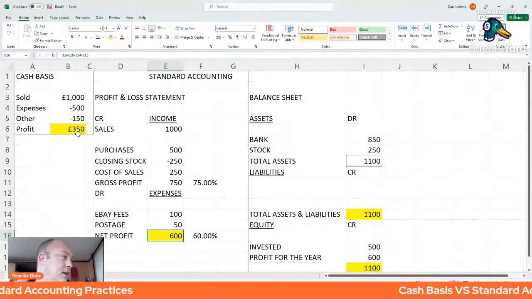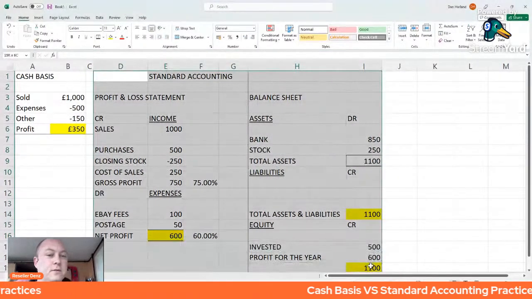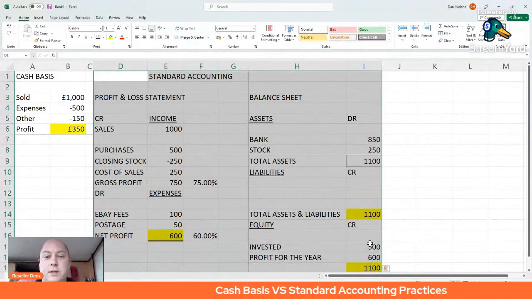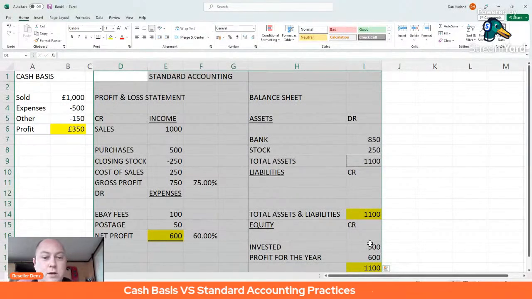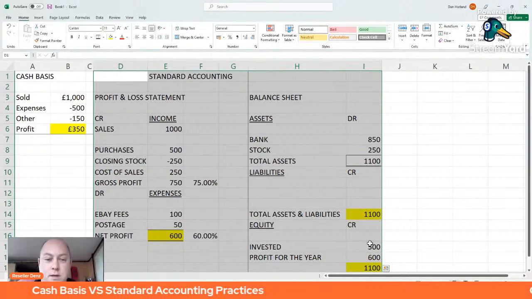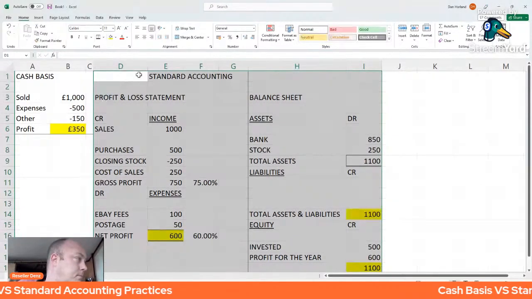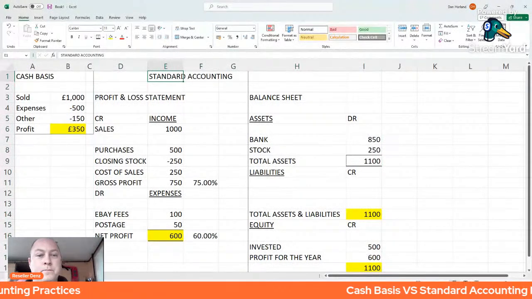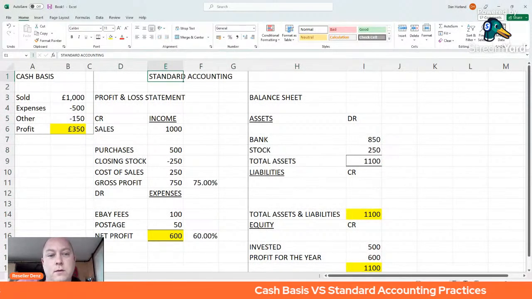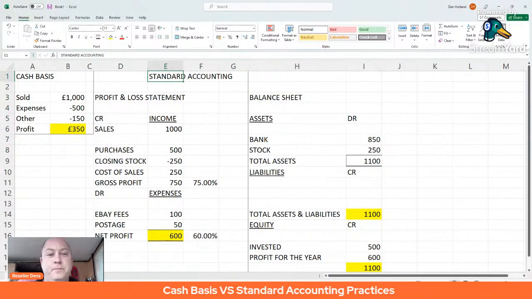And this essentially is why I believe that accounting, done in the correct way, gives you more profit. So there we have it.